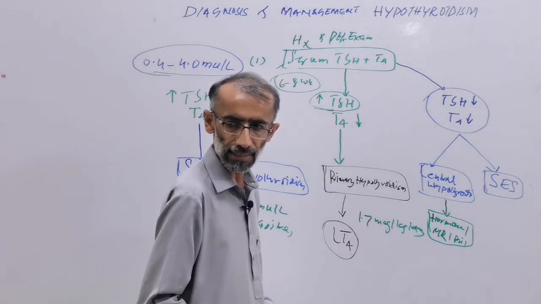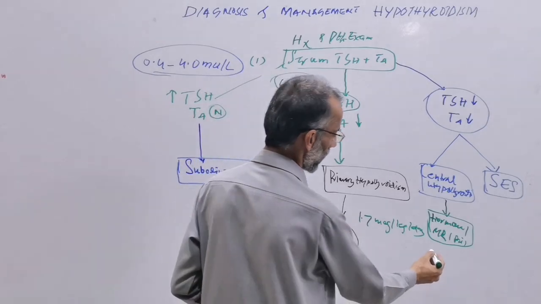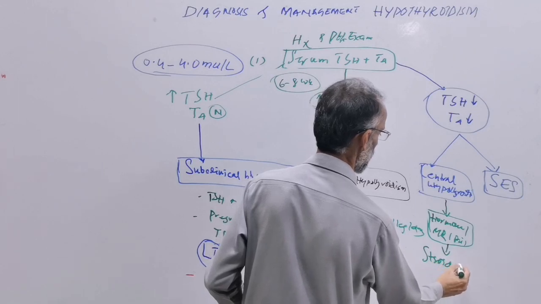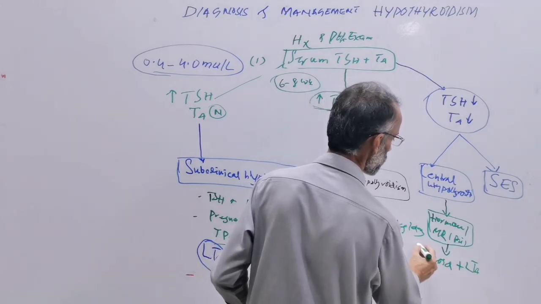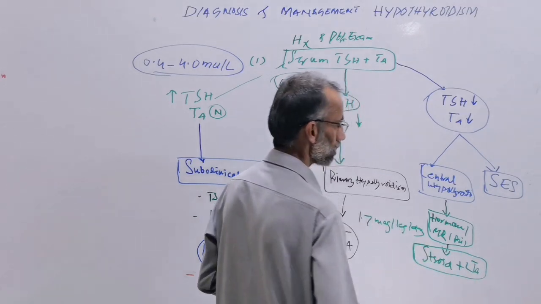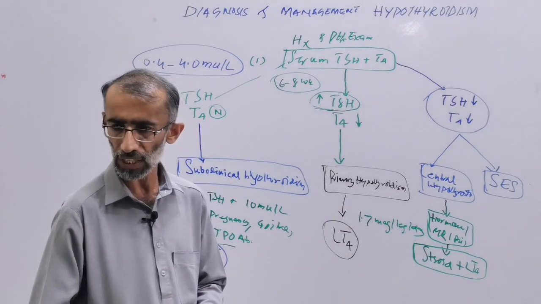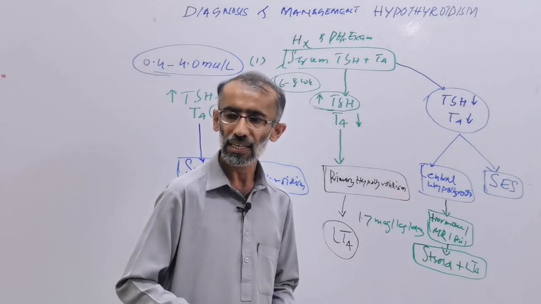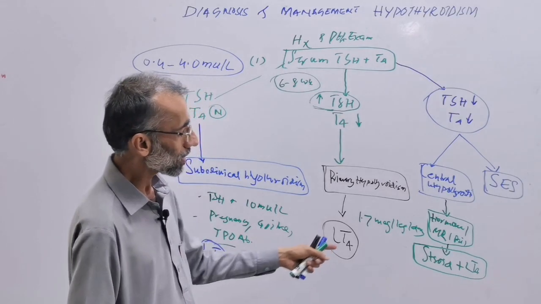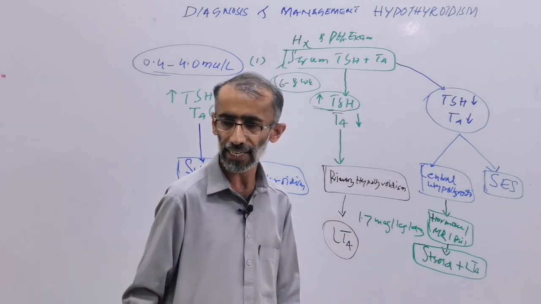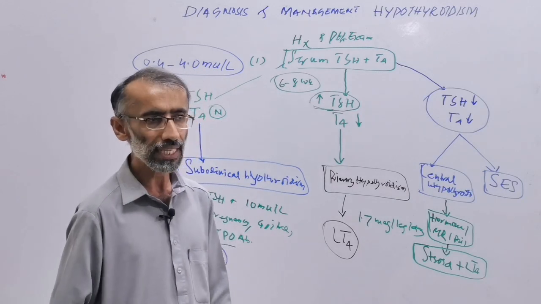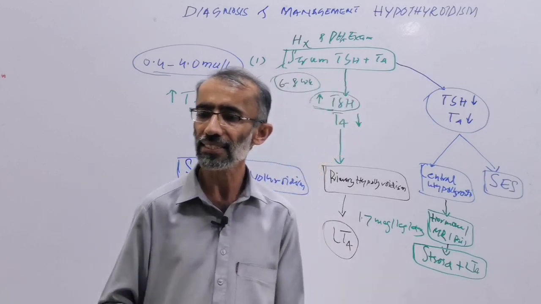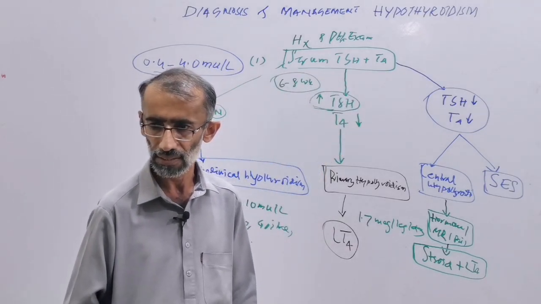Central hypothyroidism is treated with steroid and levothyroxine. If you suspect central hypothyroidism and biochemically there is low TSH and low T4, start steroid and levothyroxine, because in central hypothyroidism always suspect adrenal insufficiency.